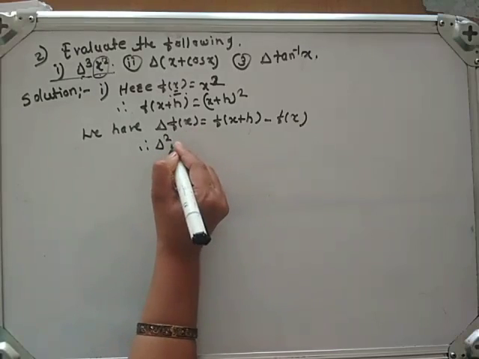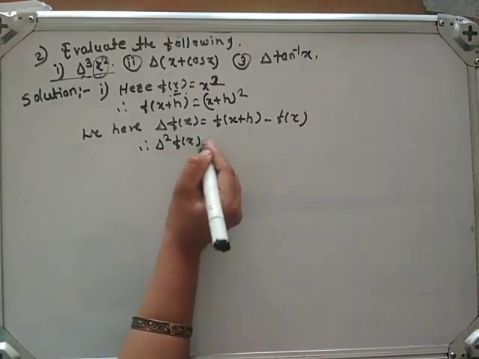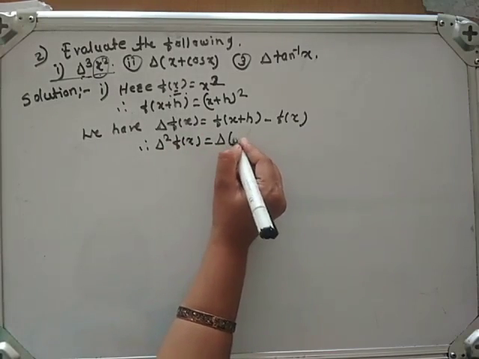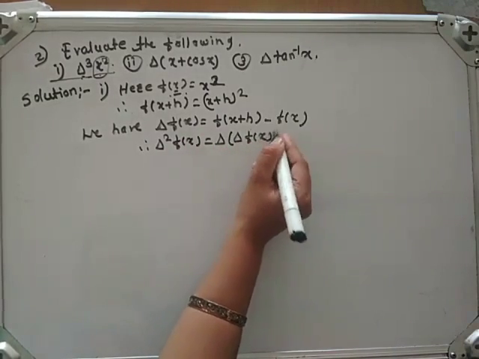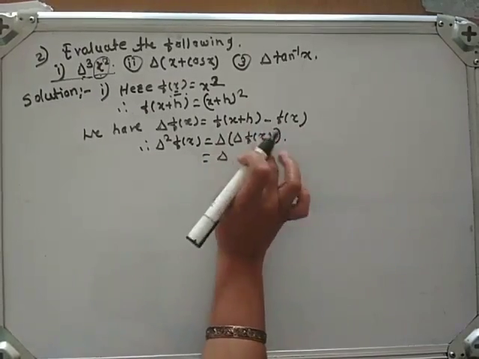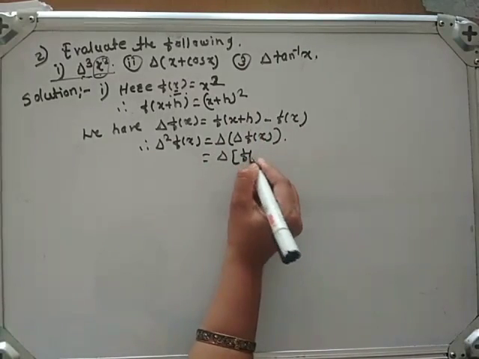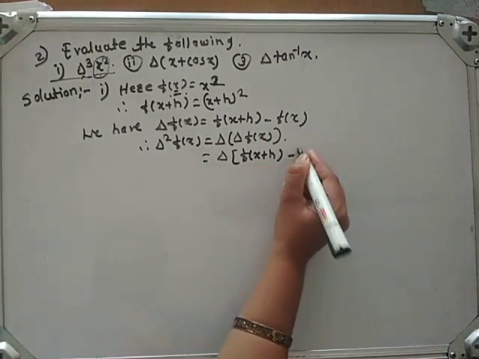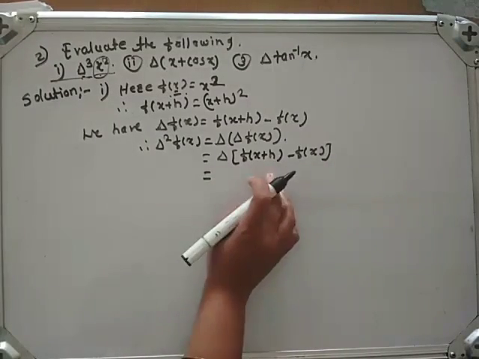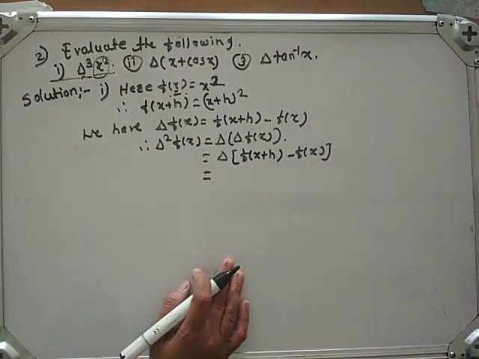Therefore delta square of f of x, this delta square can be written as delta of delta f of x, okay, which is equal to delta, but delta of f of x is f of x plus h minus f of x, okay, which is equal to operating delta on both f of x plus h and f of x.